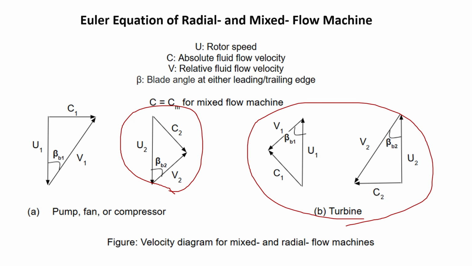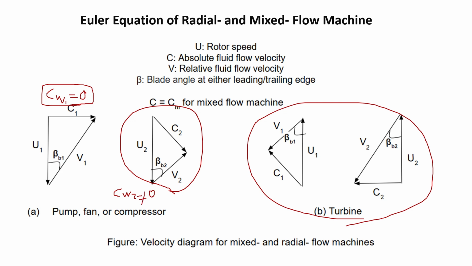This is because, remember, the maximum energy transfer can occur if you have swirl free at the inlet. In this case we have, if you remember, Cw1 equal to 0, okay, since we are at the leading edge. But of course you do not want to have Cw2 at the outlet equal to 0.